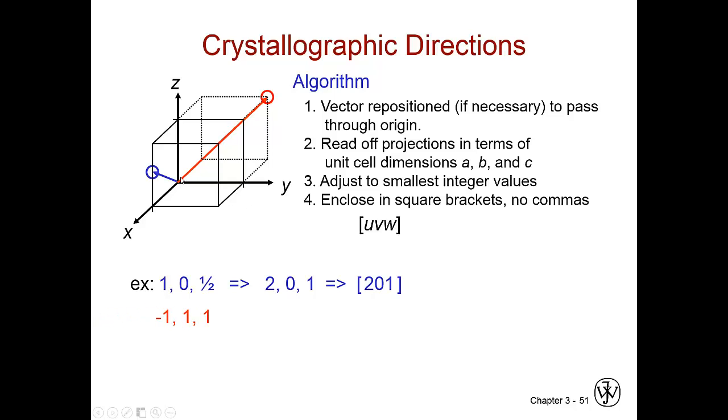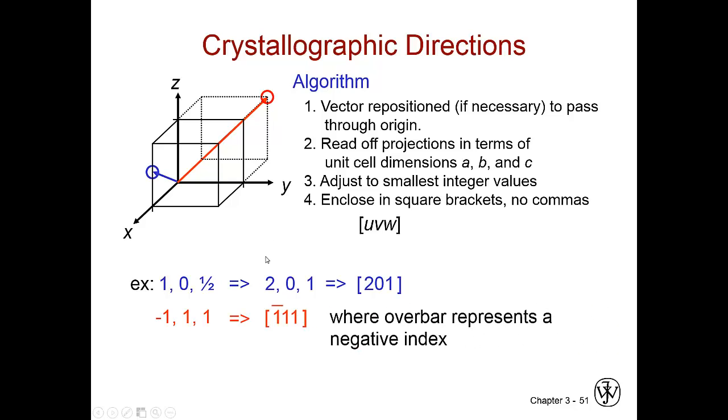So we go back in x by 1, so it's -1 there. We go forward in y right here, so that's a +1 in y, and then we go +1 in z. Well, we don't have any problems with integers, it's just 1, so we don't have to multiply or divide through.